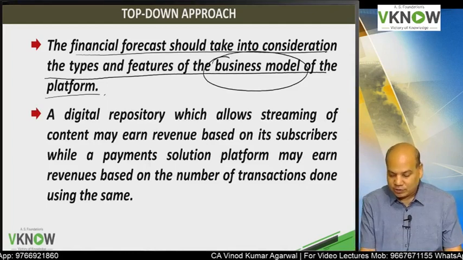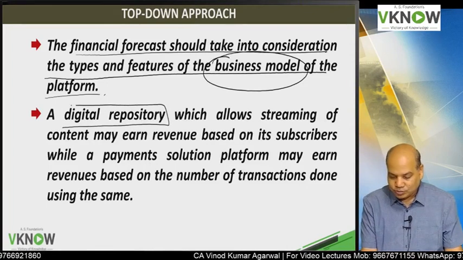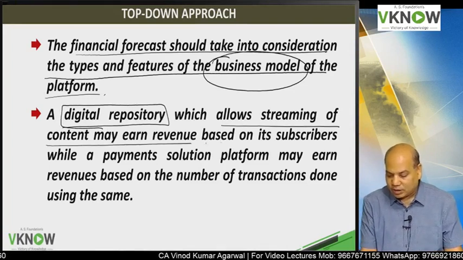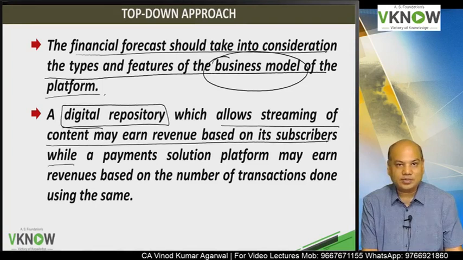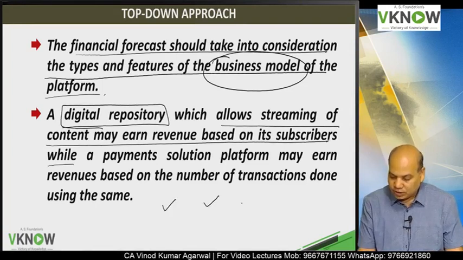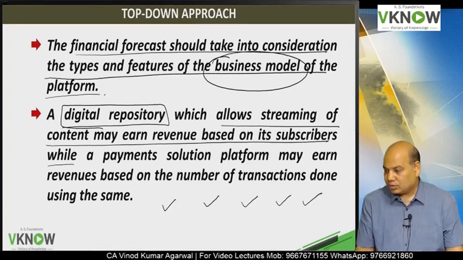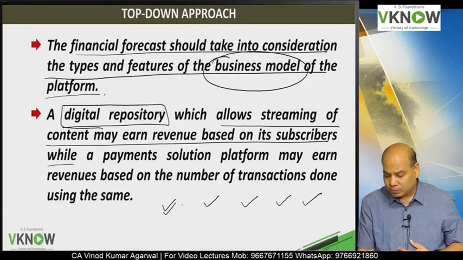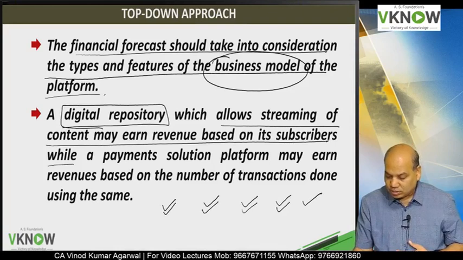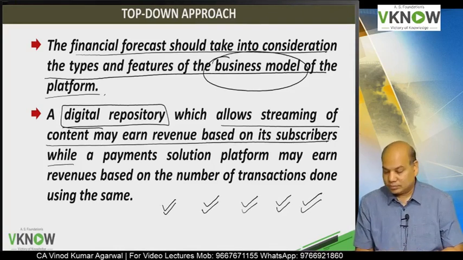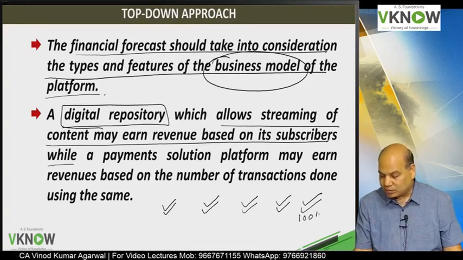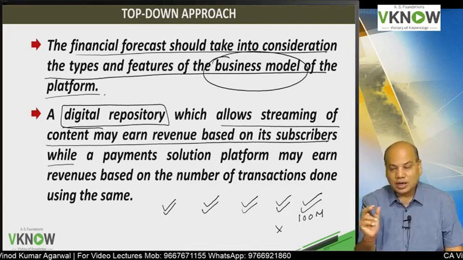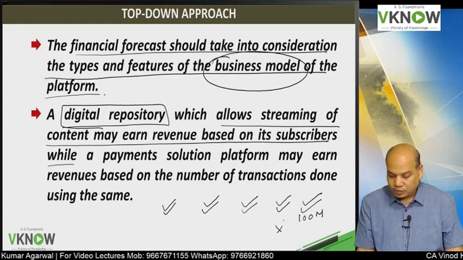A digital repository like YouTube or Spotify, which allows streaming of content, may earn revenue based on its subscribers. In case you have to value a subscriber-based service, make a projection about how many subscribers you will have. Suppose you will have 100 million subscribers, then you have to estimate the average revenue you earn from each subscriber.